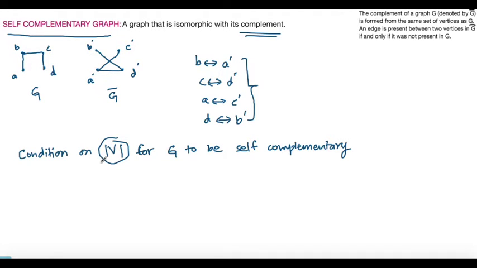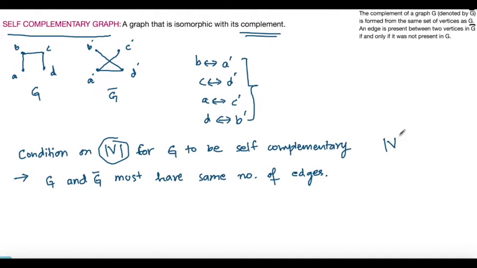The first observation is that G and G prime must have the same number of edges. Let's say the number of vertices is equal to small v.